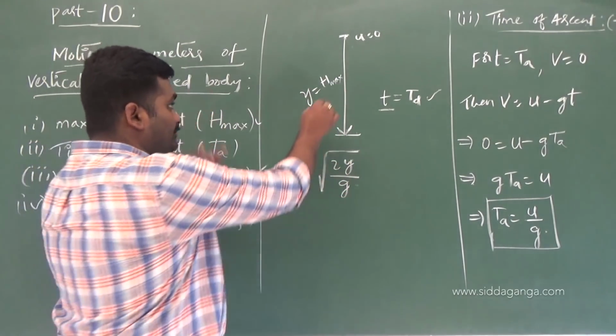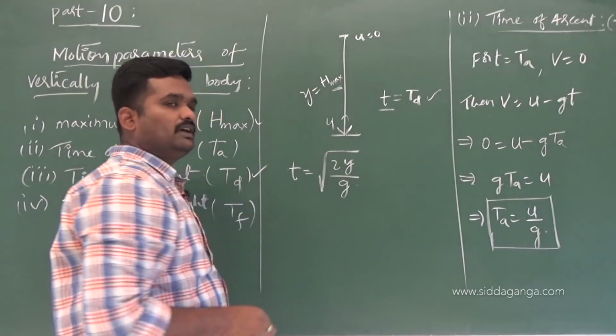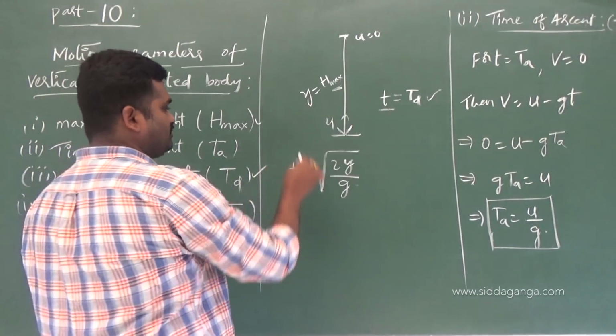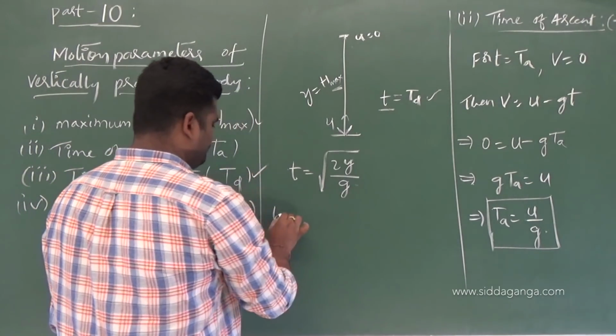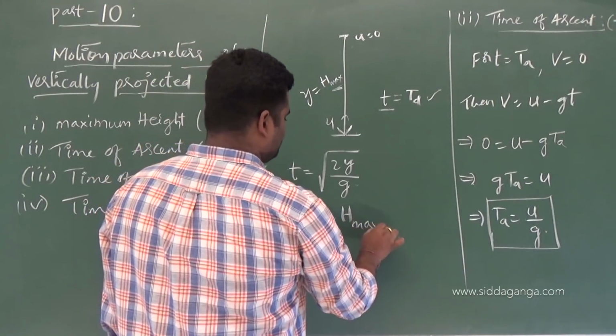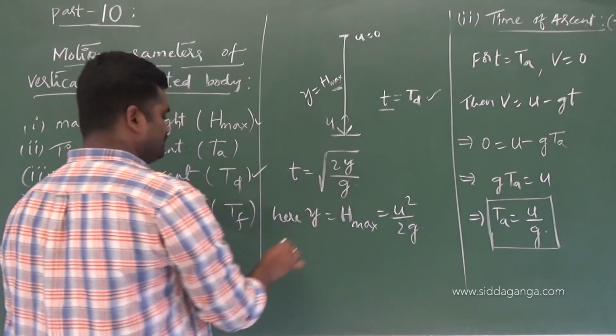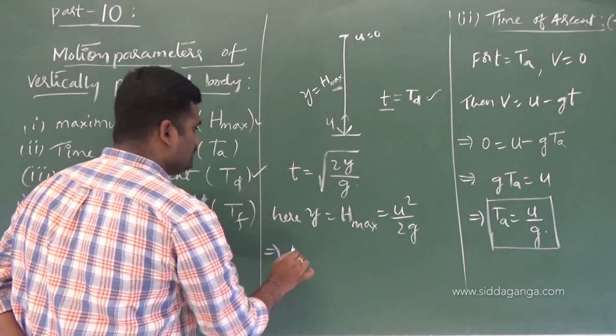But y is what? Maximum height. When it is thrown vertically up with velocity u, the H maximum formula we have written is y equals H maximum equals u square by 2g. Now substitute these values into this equation. What will you get?